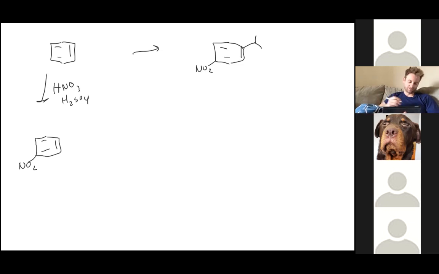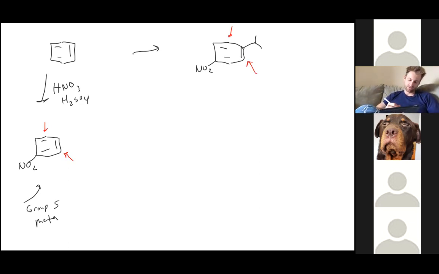And the problem is that this is a group 5. It's a meta director. So it would add to one of these two positions. Looking at our final compound, that is not where our alkyl group is.